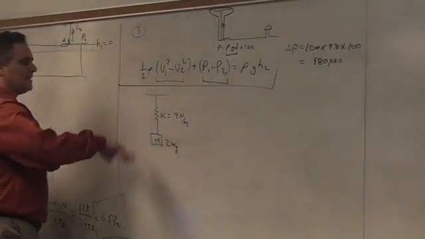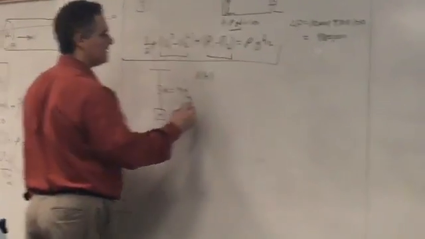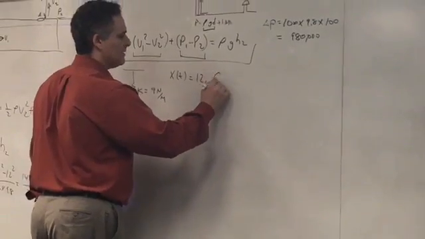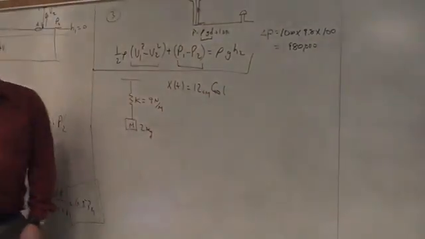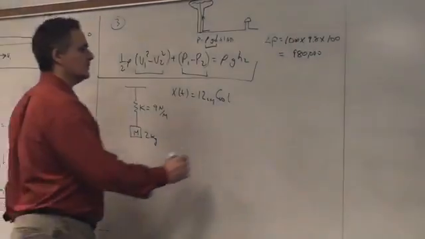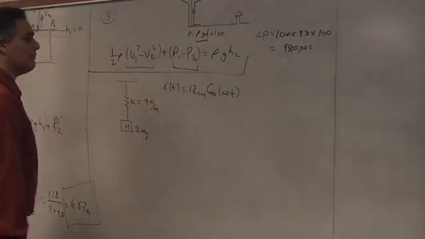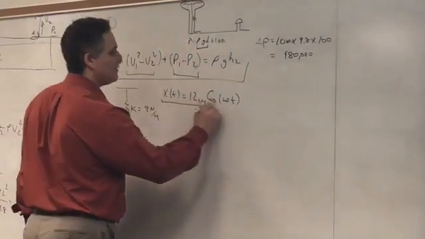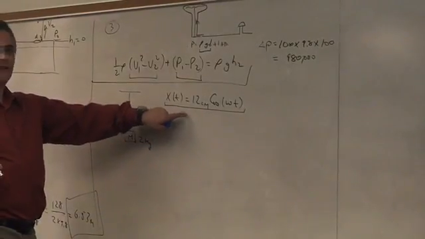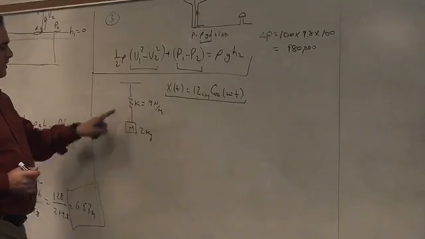And it's saying that the oscillation, the actual displacement, x, is equal to 12 centimeters times the cosine of omega t. So I gave you the actual x, remember the explicit solution? We talked about this in class. This is the actual explicit solution for the spring, and these are the parameters.